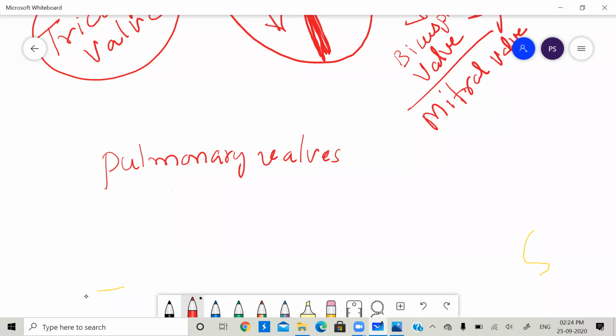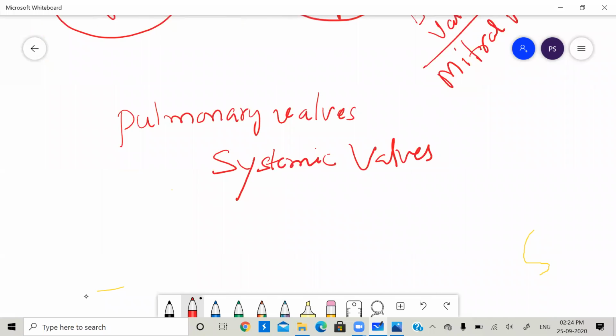In the same way, the systemic aorta, the main aorta which arises from the heart, contains valves at the junction of the heart and the systemic aorta. These are called systemic valves. So this is about the valves present in the heart.